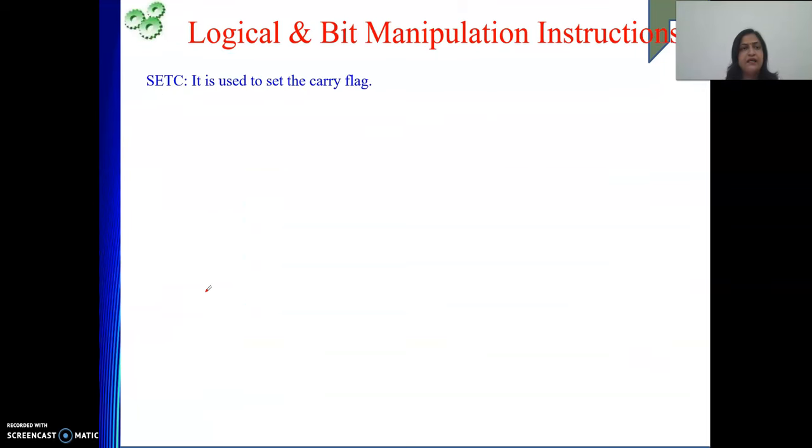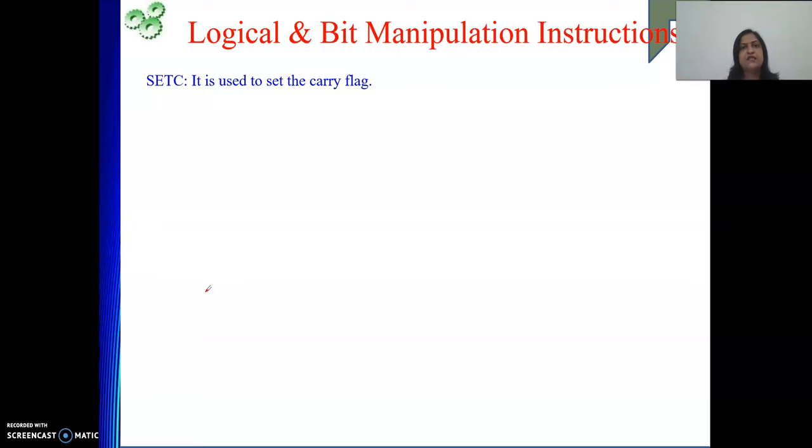We'll do that. Next is set C. Already you know what the carry flag is. So in your flag register, one position is indicating the carry flag, and it is impacted whenever you perform some instruction. So see, without doing something, you want to make your carry flag 1.